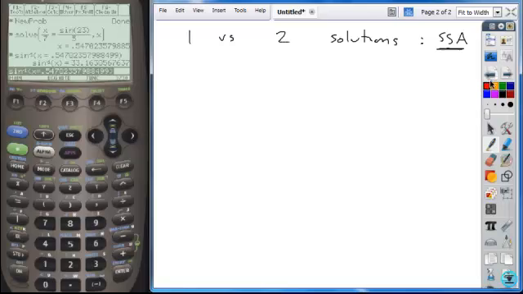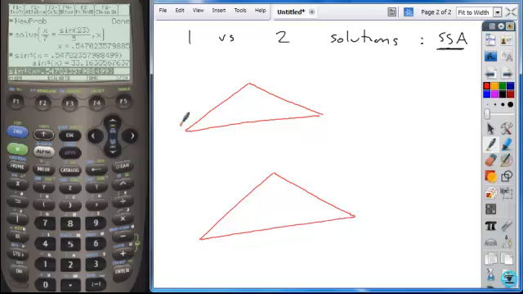Okay? So just really quickly, the distinction between the two has to do with the measures of the pieces of information. Okay? So if you're given an angle, so let's say we're given this angle of 23 degrees, and we're given two sides, so let's say a side of 15 and a side of 10. Depending on how those sides are related to each other will determine whether you have one or two solutions.